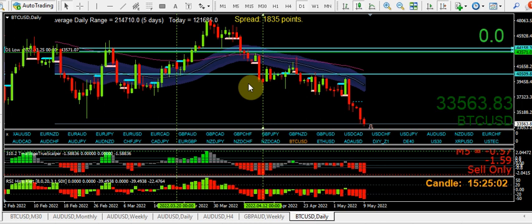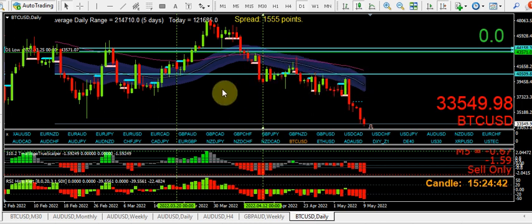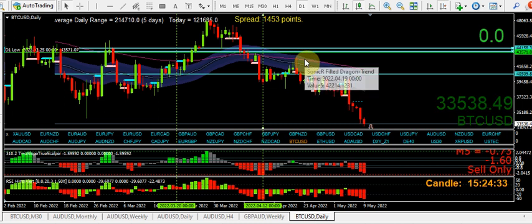And notice also this is that ABC pullback, so if you'd been faked into the short before you'd had your three-phase pullback, then you would have got a world of pain. So we've had numerous things that I've noticed about price action, even the world of pain pullback there, back to the 34 and 89 EMAs.